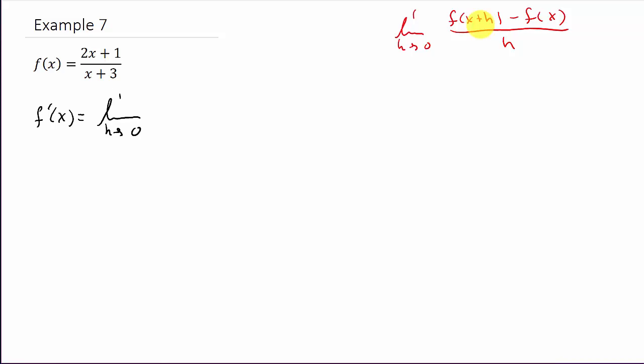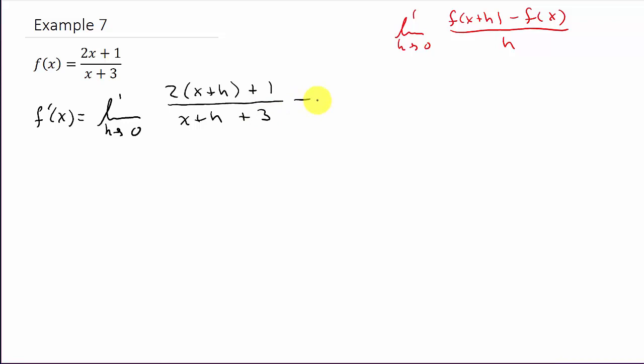Now, f of x plus h. Everywhere there's an x, I'm going to replace it with x plus h. So that's 2 times x plus h, plus 1, over x plus h, plus 3.